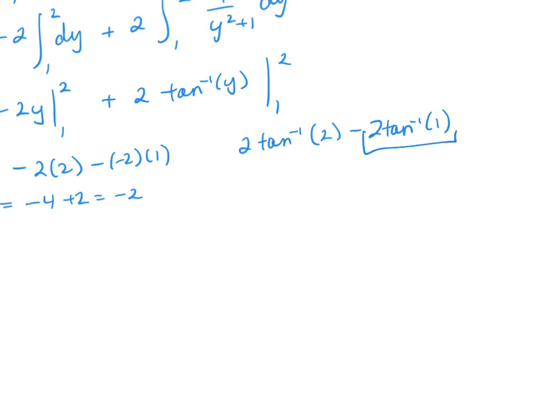Well, this is going to be minus 2 pi over 4. So this gives me minus pi over 2. And this is just 2 times the tangent inverse of 2.